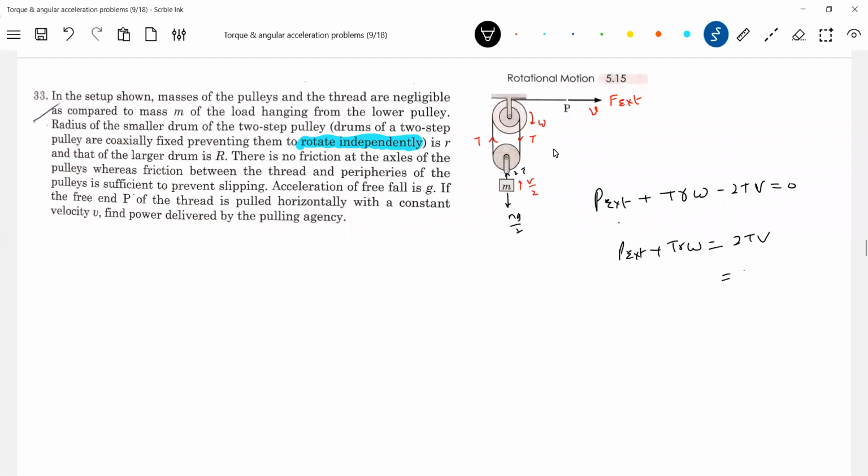Now what is 2T? 2T should be equal to mg by 2. Now what should be the value? 2T should be equal to mg, no? Shall I write T as mg by 4?